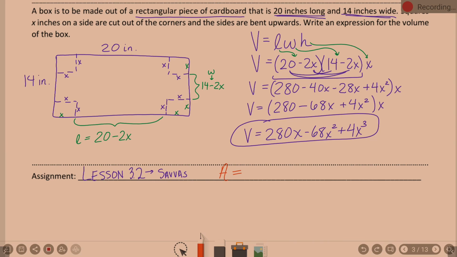Okay, so let's start with the base. This rectangle right here is the base of my box. What would be the area of this rectangle?